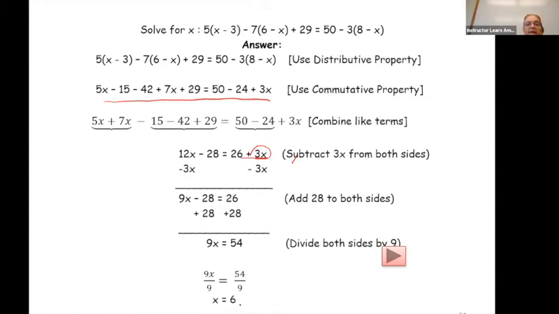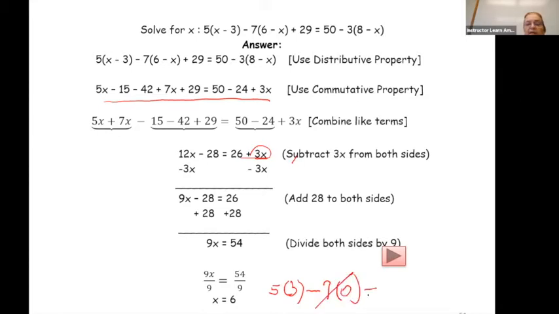Now, how do we check that that answer is correct? We go back to the original. So we have 5 times 6 minus 3, which is 3, minus 7 times 6 minus 6, which is 0. So this is just going to wipe out.